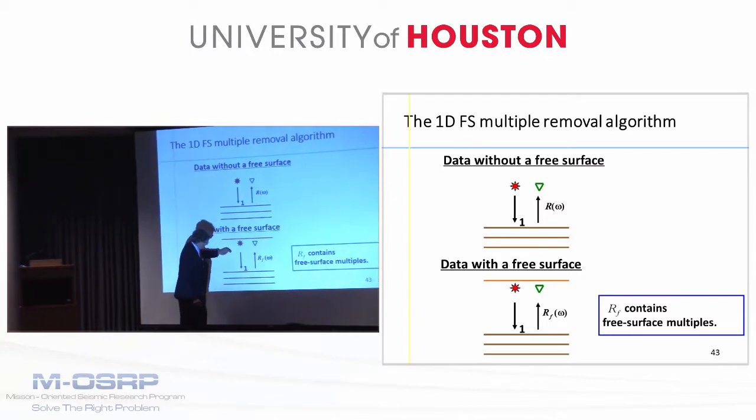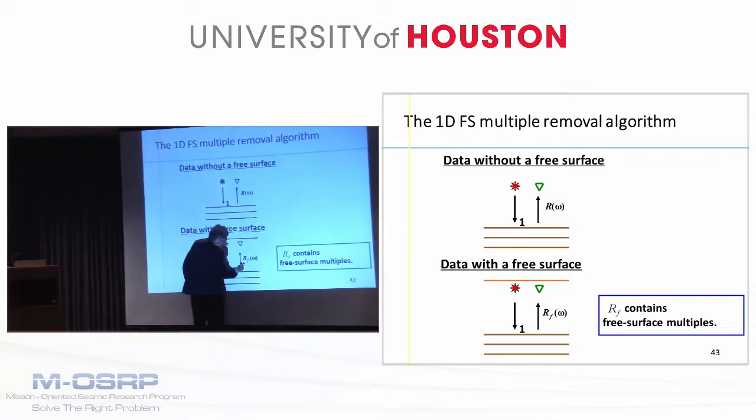So let's look at this. We'll call this 1 and call the total up wave that this experiences here with the free surface R sub f of t, and the Fourier transform is R. What we're going to do is make this data from this, and that will allow us to then make that from this.